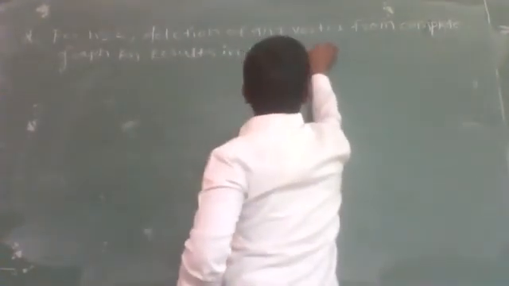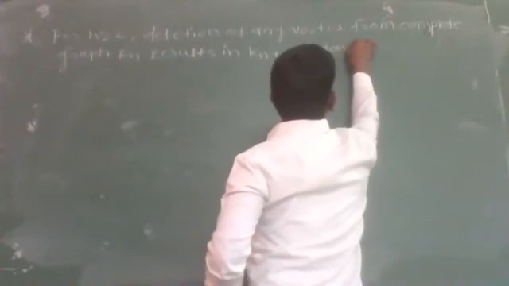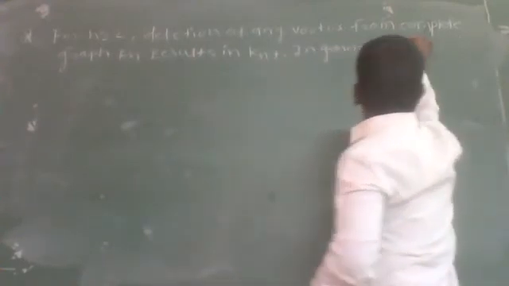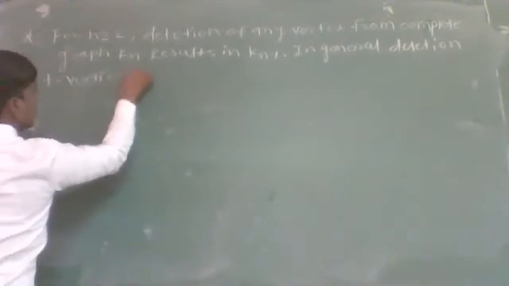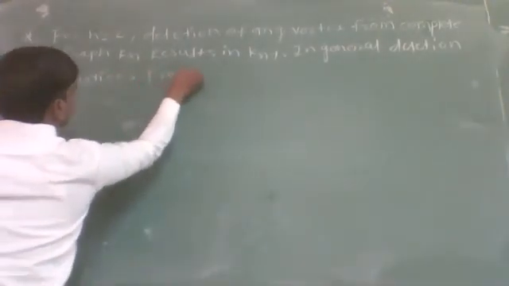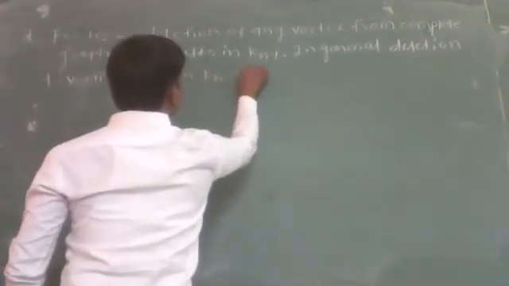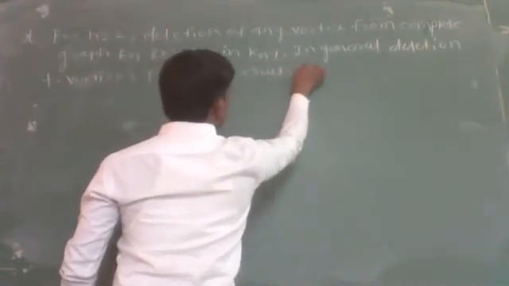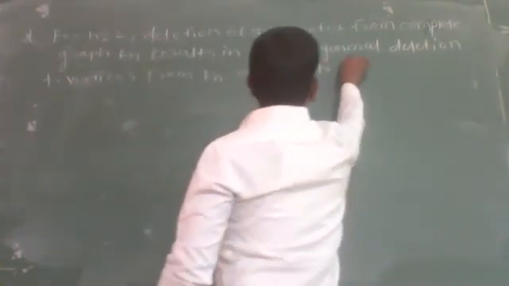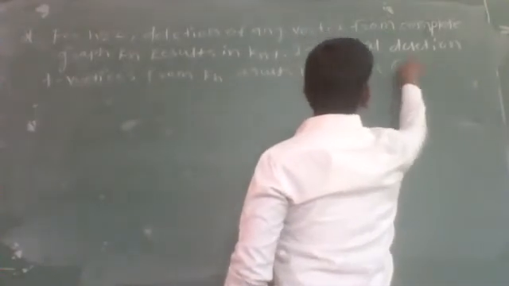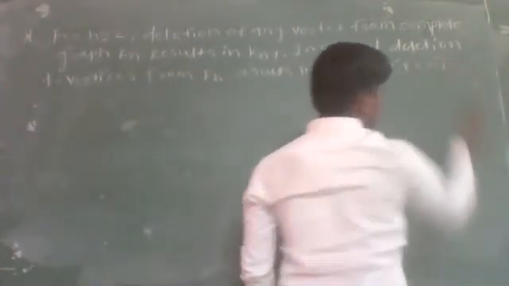In general, deletion of t vertices from Kn results in Kn minus t, where t is less than n.